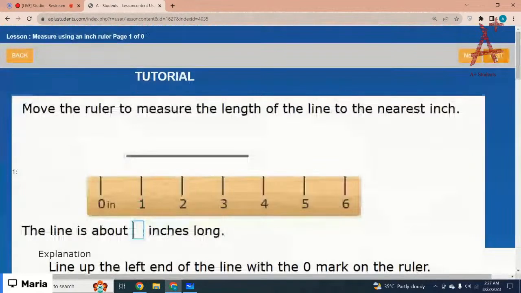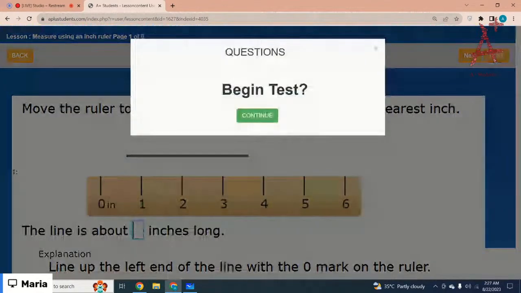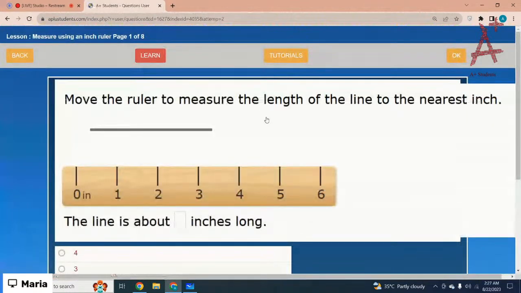Let's start with the practice questions. Okay, move the ruler to the line.